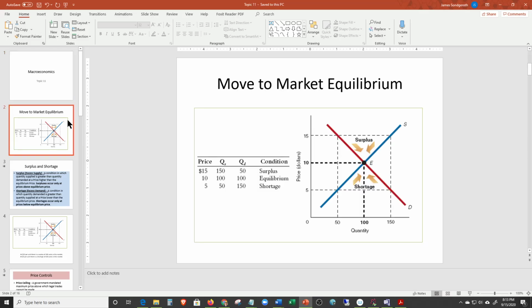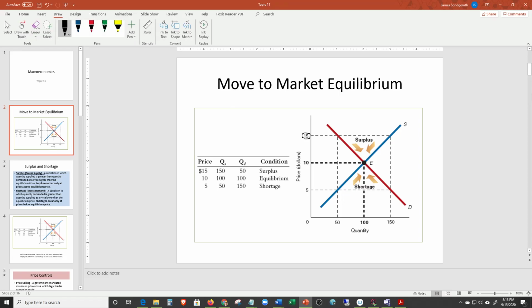So let's just go to the move to equilibrium. This is what this first slide is about. And we went through all of this in topic 10. And we basically know that if 15 is the price, then there is a surplus right here. And this is the same graph we were using before of 100.